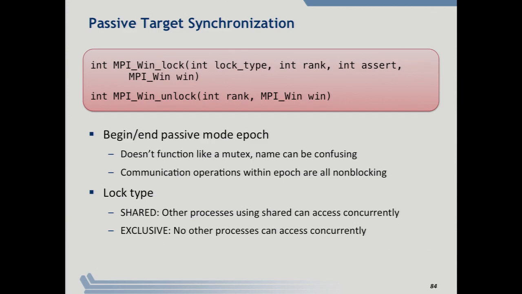In the exclusive case, it says that only one process at a time can perform the sequence of operations between the begin and the end. So if I was doing this one little atomic operation, when it arrived, it would have to see whether it could get the exclusive access before it was performed. So it can't just arrive there.